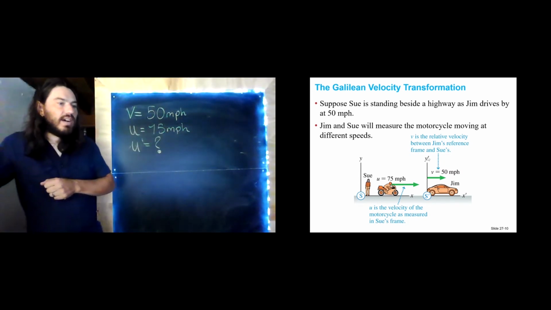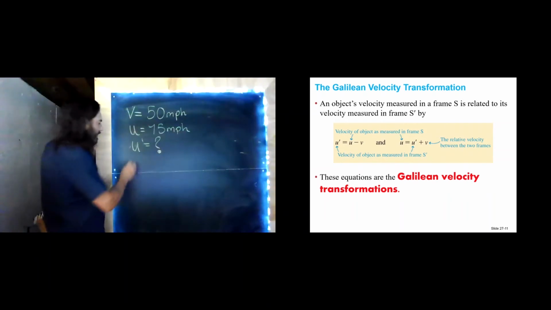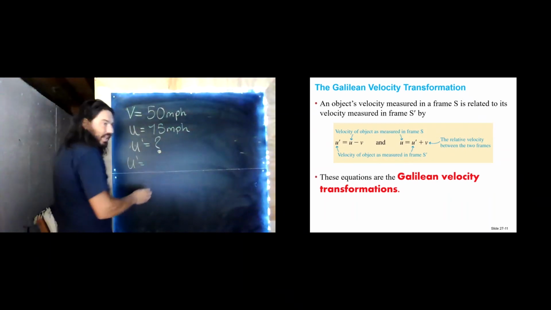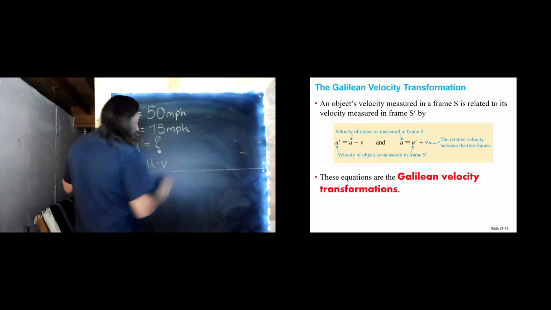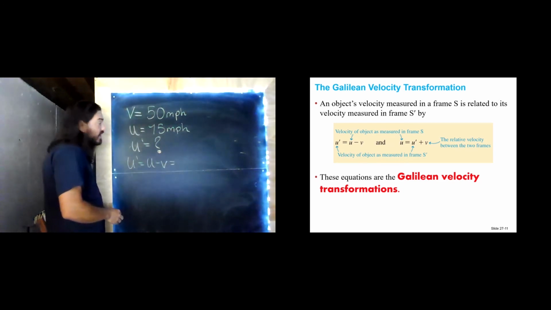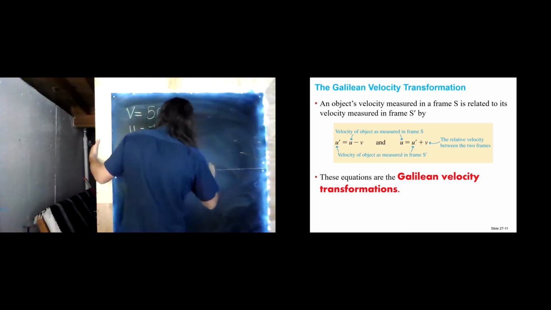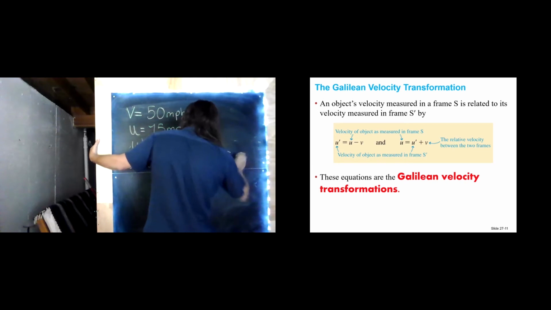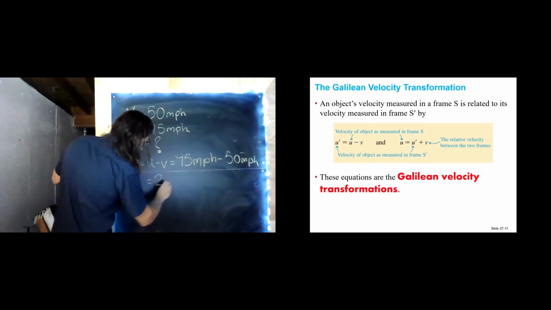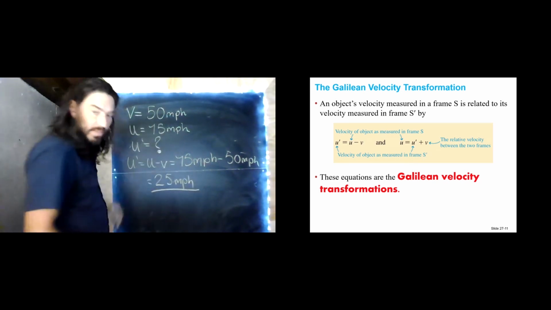So, going now to these transformations, we have U prime equals U minus V, and that is going to then be 75 minus 50 equals 25 miles per hour.